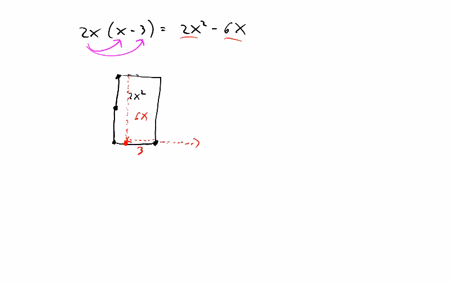Let's continue on and have one final example. Let's consider what would happen if we had a more complicated monomial like 2x cubed and multiplied that by a binomial like 3x squared plus 4. Procedurally, we take the only term in the first factor and multiply by both terms in the second factor.